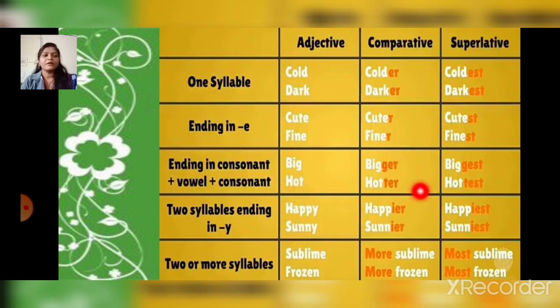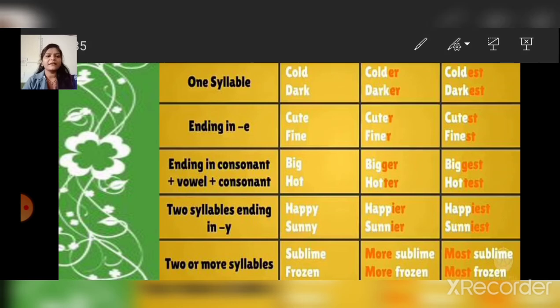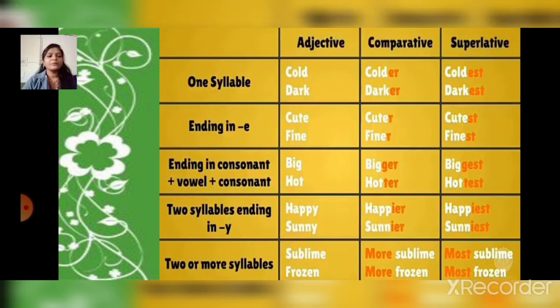Hot, hotter, hottest. If there is a two syllable word ending in y: happy, happier, happiest. Sunny, sunnier, sunniest. Two or more syllables: sublime, more sublime, most sublime. Frozen, more frozen, most frozen. So children, these are the rules. Okay, how to change adjectives into comparative and superlative, that is the rule given.